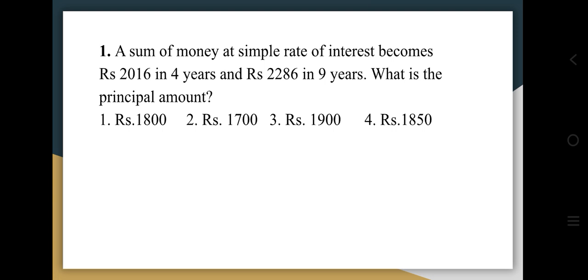We get interest for 5 years. So we know interest for 5 years. From that, if we know interest for 4 years, then we can easily get the principal amount, because interest for 4 years plus principal amount is 2016.